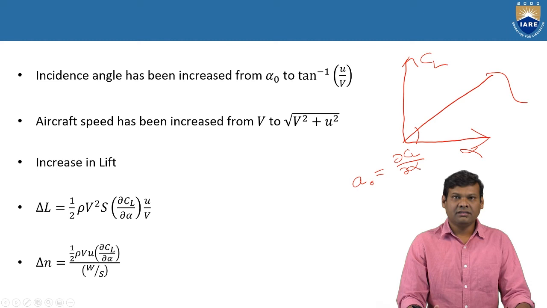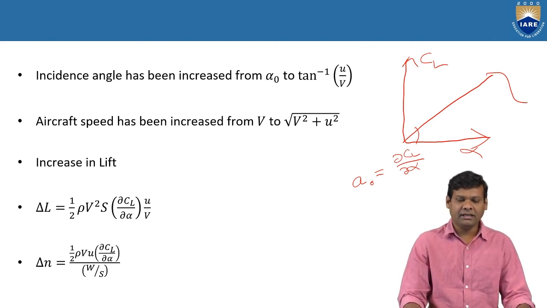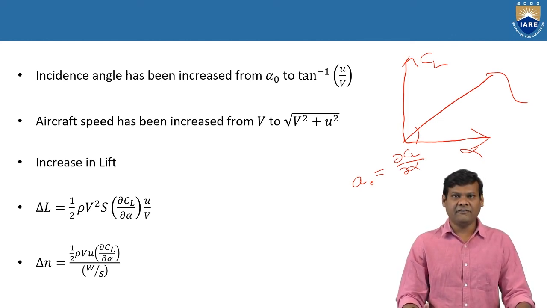The increase in lift of an airplane is given by delta L is equal to 1 by 2 rho v square S, where S is the total surface area of the airplane or wing, into dou CL by dou alpha into u by v. Here, note one of the most important things: I am not discussing CL, I am discussing dou CL by dou alpha.